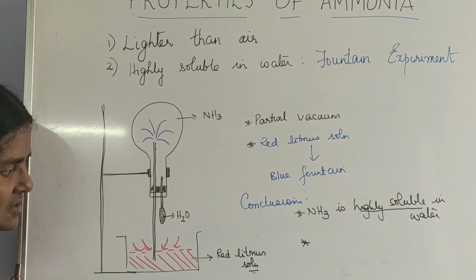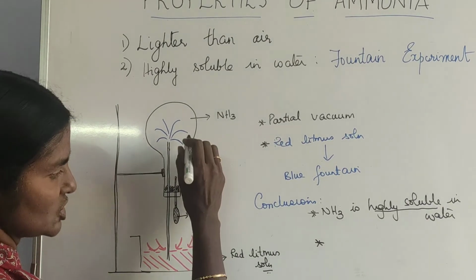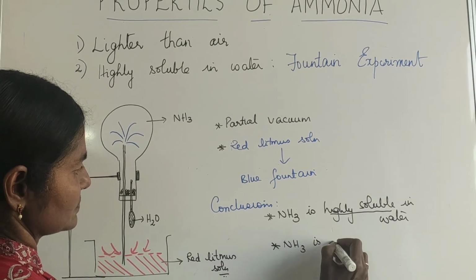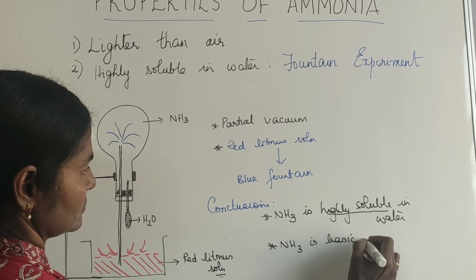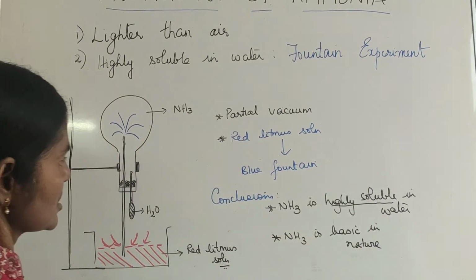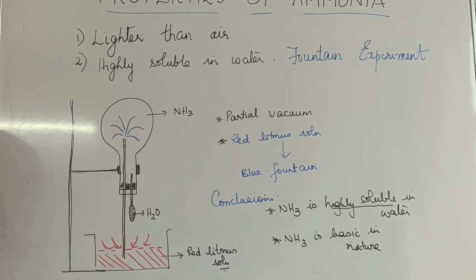And besides this, because ammonia is turning red litmus into blue, ammonia is basic in nature. So these are the conclusions of the fountain experiment, basically to prove that it's highly soluble in water.